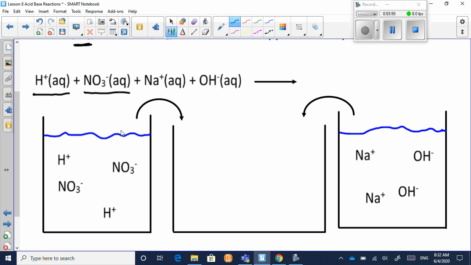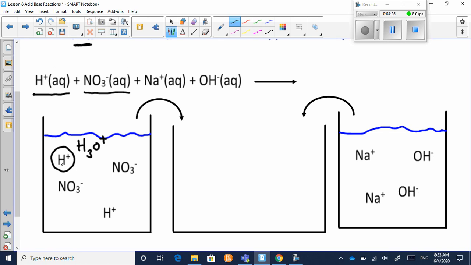I want to clarify one thing, based on our theory lesson last day: H plus doesn't exist for very long in water. It quickly joins with a water molecule and becomes something called hydronium, H3O plus. So anytime you see H plus, really what you're seeing is H3O plus. It's the same thing.